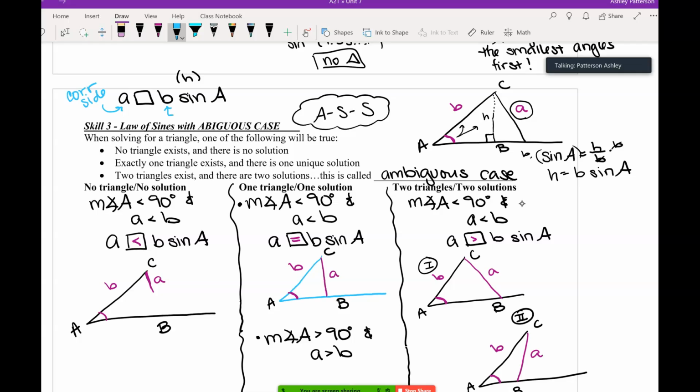Little b represents the non-corresponding side, and then angle A is the given angle. So please don't get wrapped up in A and B always having to be given. It's the given angle, the corresponding side, and then the non-corresponding side. So good, so good. Let's do it, you guys. You ready?